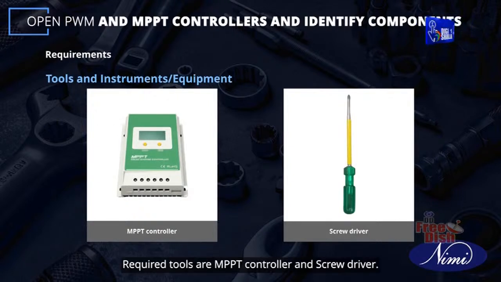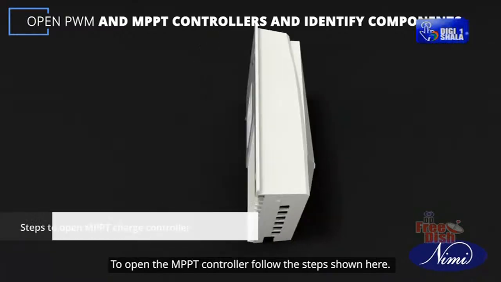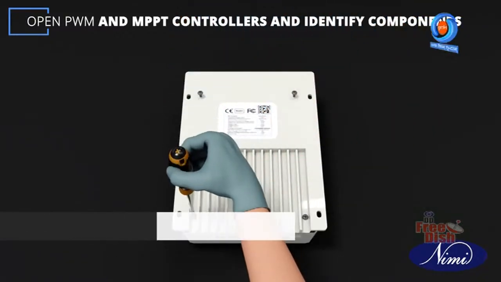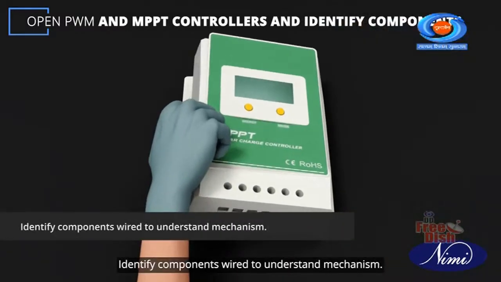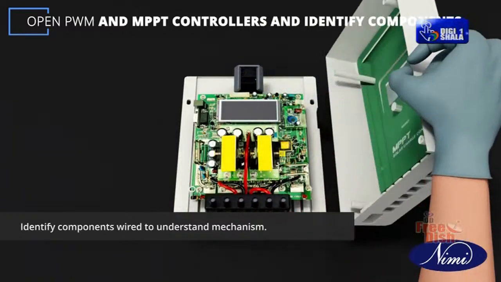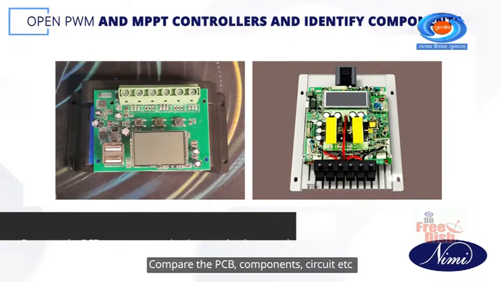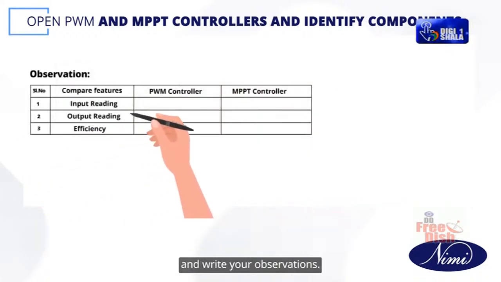Required tools are MPPT controller and screwdriver. To open the MPPT controller, follow the steps shown here. Identify components wired to understand mechanism. Compare the PCB, components, circuit, etc. and write your observations.